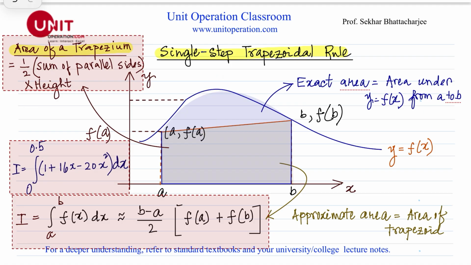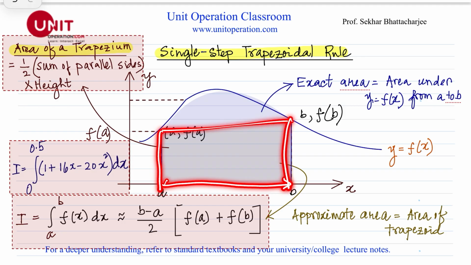What is the area of a trapezium? We know this is half into the sum of the parallel sides multiplied by the height. In this trapezium, these two are the parallel sides, FA and FB, and the difference between the two x values is the height of the trapezium.